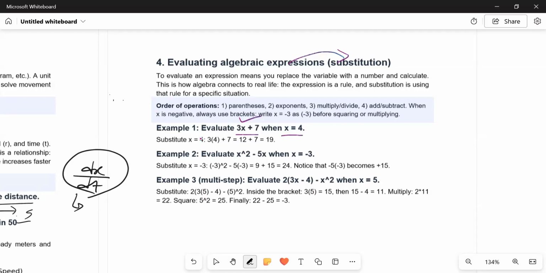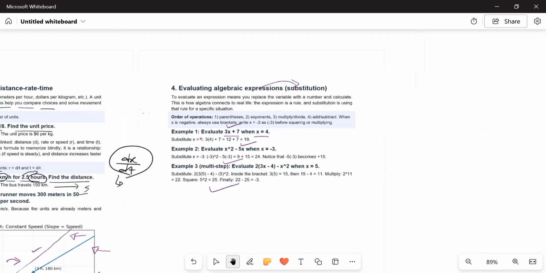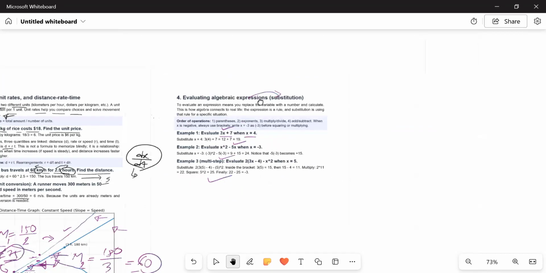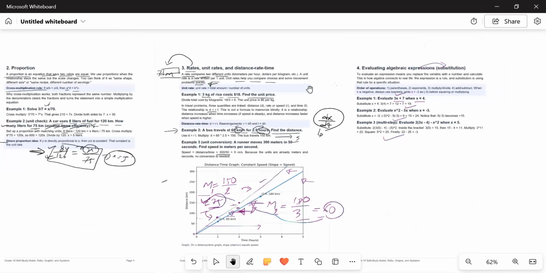You just substitute the value of x with 4, and you get the value. So this is what is going on here. We have multi-step equation, we have single-step equation, so we don't need to go into it for now, but let's get to the interesting parts.